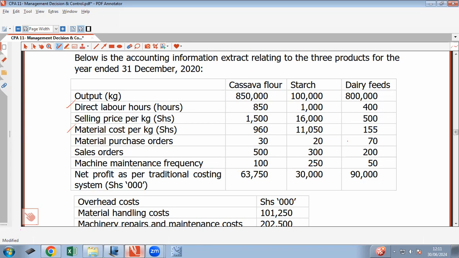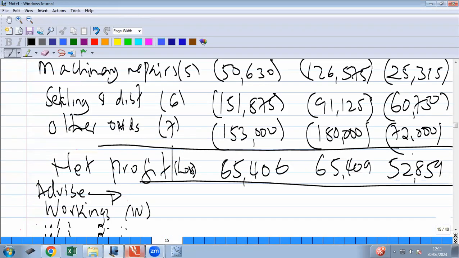But now you need to add those zeros, 90,000 or 90 million, because that hid those zeros. You need to add all of them. Then the ABC, which will generate 52,859.